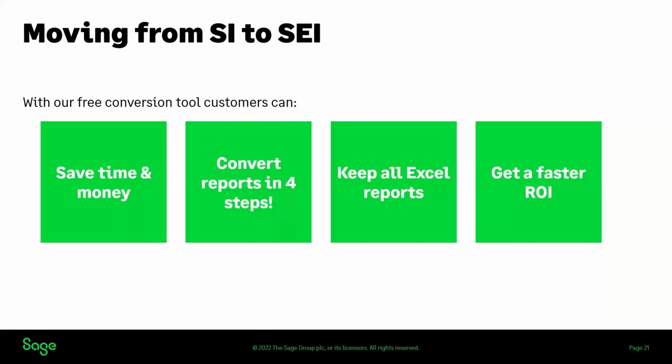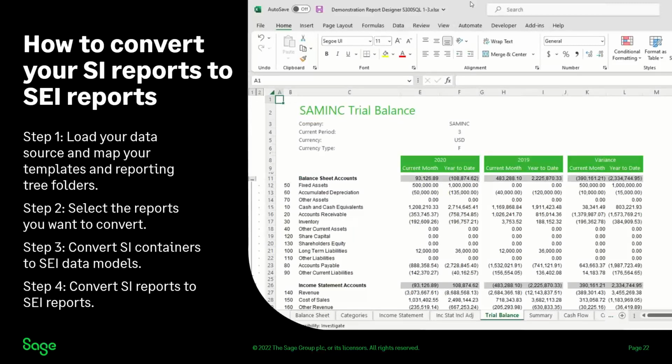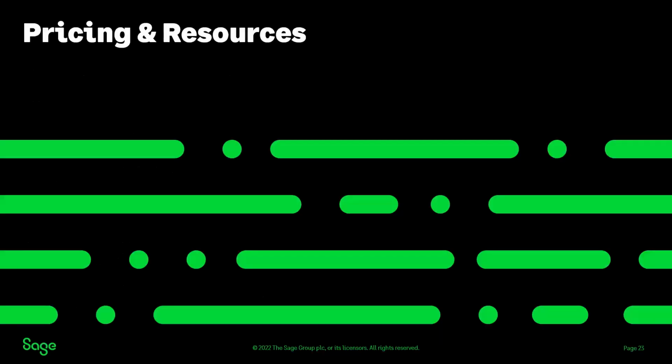We're looking for some customers to convert their reports with the new tool. So again, really just simplifying that process of moving from the solution that you're familiar with, that you've done all your work in, to SEI, more of a robust business intelligence software. Again, 4 steps to really get those reports directly converted into Sage Enterprise Intelligence. Very, very easy to use conversion tool.